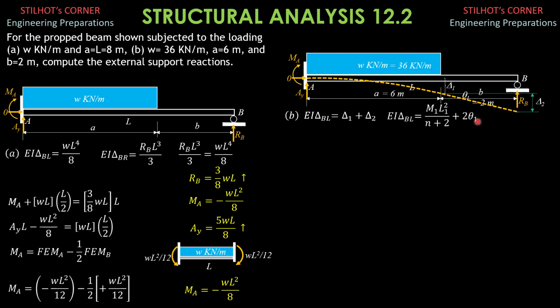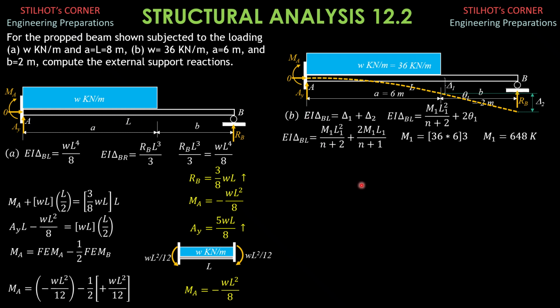Formula for theta 1 is M1 L1 over n plus 1. So the delta B due to the load is M1 L1 squared, where L1 is 6, over n plus 2, plus 2 times M1 L1 over n plus 1, where n is again 2. So M1 is equal to the moment at the wall, so it is 36 times 6 times 3, the moment of the loading about this fixed wall.